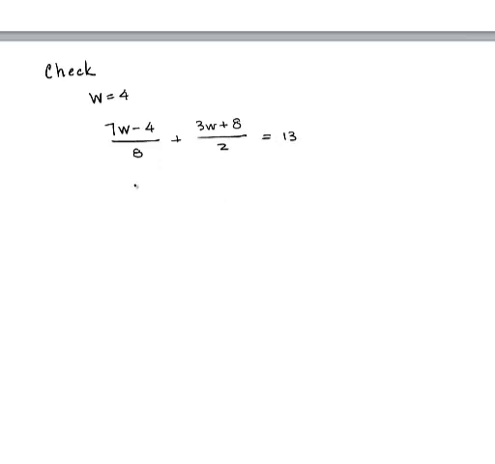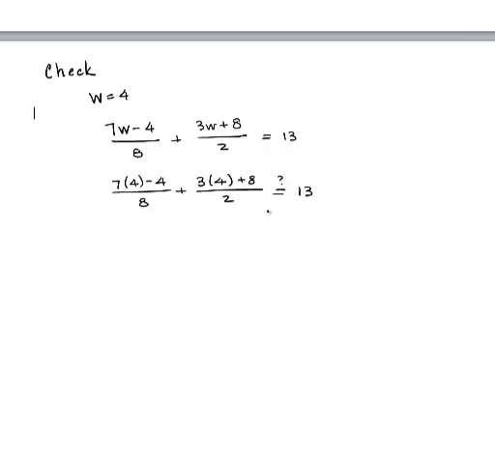So we found that w equals 4, so I'm going to go ahead and plug that in, and I get 7 times 4 minus 4 all over 8 plus 3 times 4, because remember my w is now 4, plus 8 all over 2. And I want to know, does that equal 13?